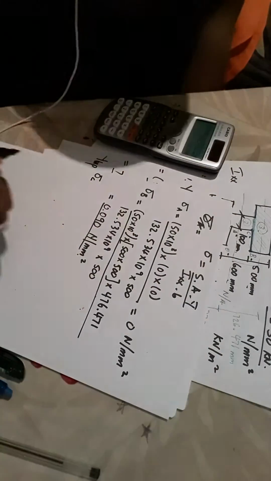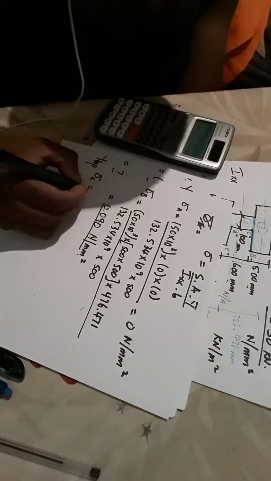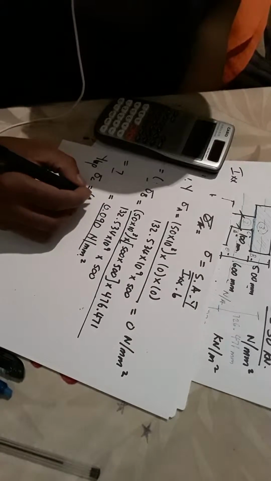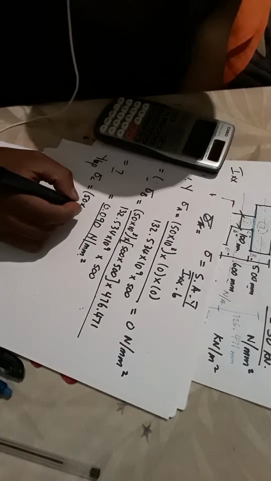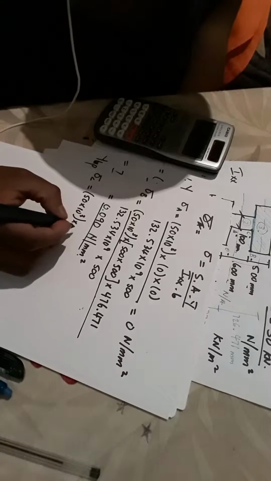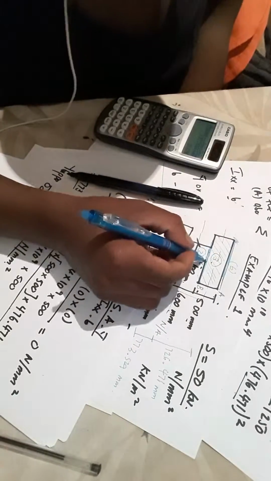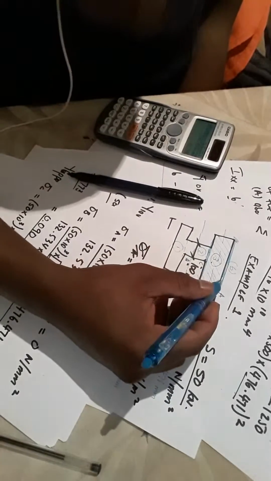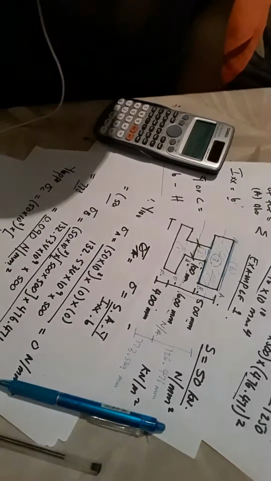Move on to point C. So again, our shear will be the same. So it's 50 times 10 to the power 3 times, again, since we are at C, which is still at C, the area above the point in question, it is the area of shape 3.